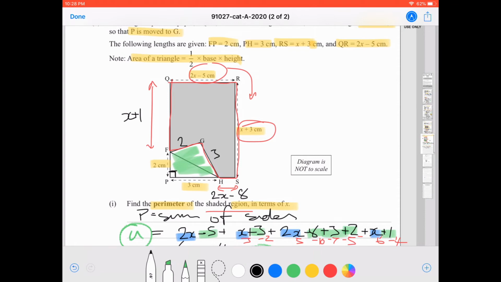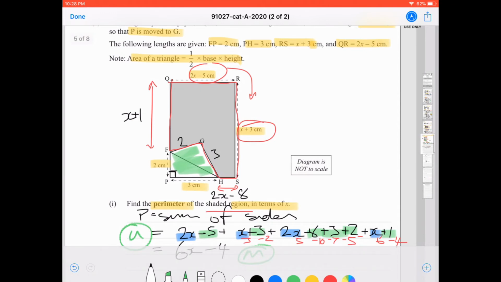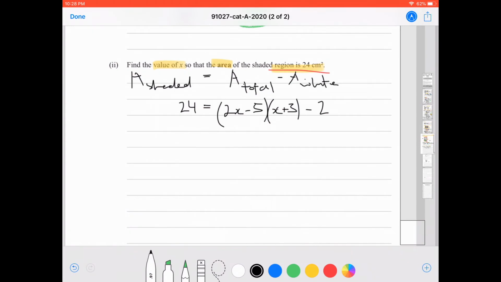And we've got two of them. So we'll keep all of that information in mind: two triangles, and the area for one of them was half times 2 times 3.